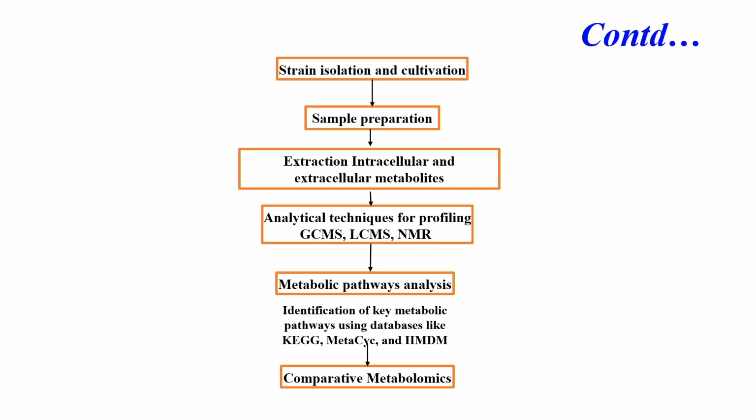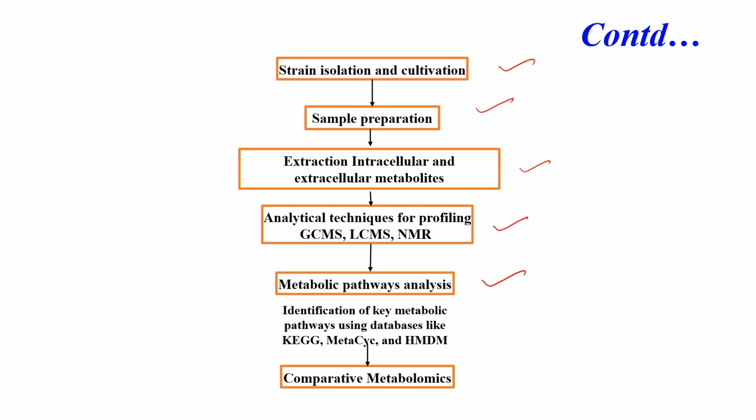metabolites. So, you can see you started with strain isolation and cultivation and prepared your sample, then extraction of intracellular and extracellular metabolites you can characterize using GCMS, LCMS or NMR. Then here it goes this metabolic pathway analysis.